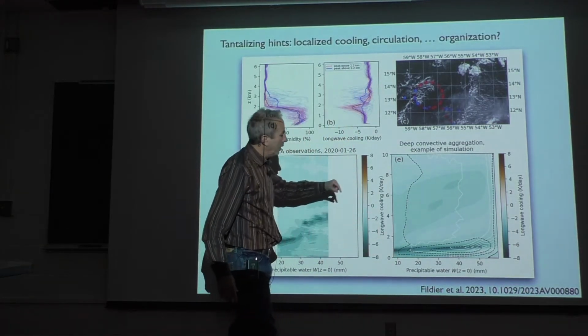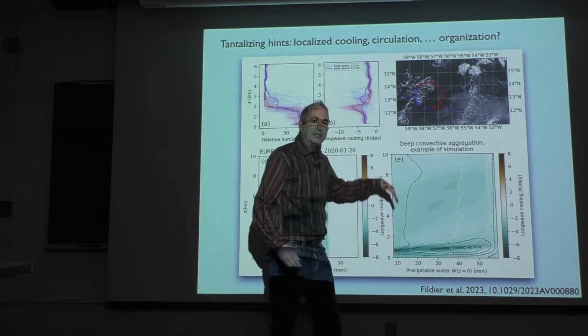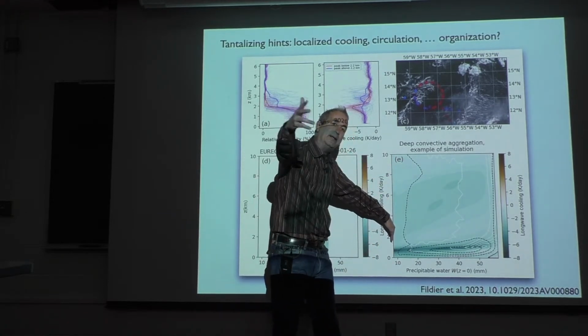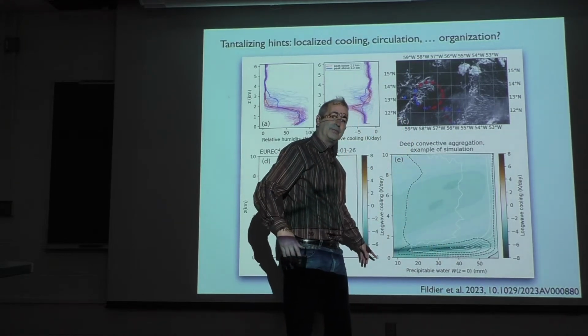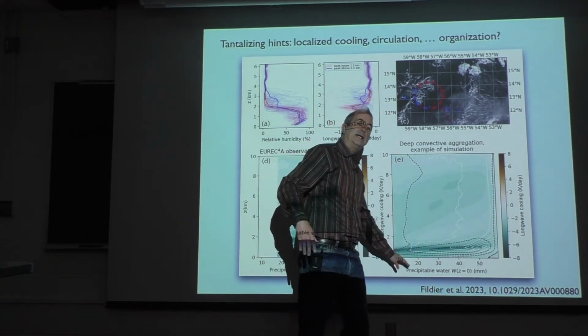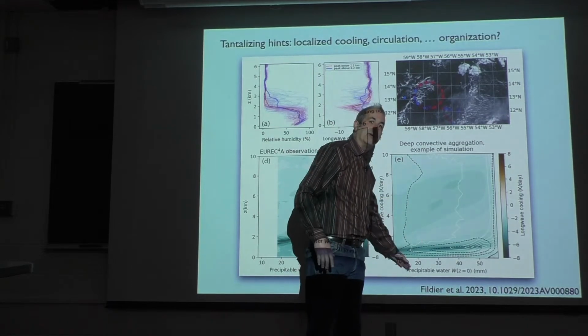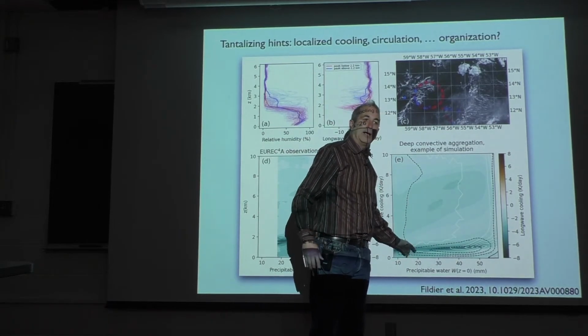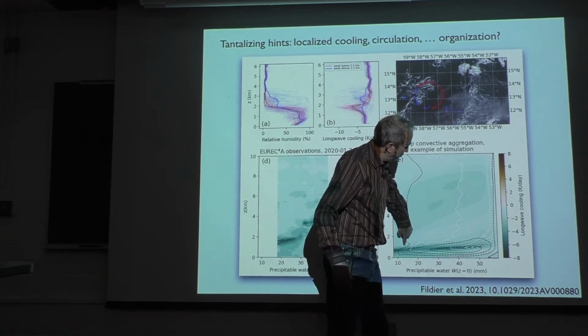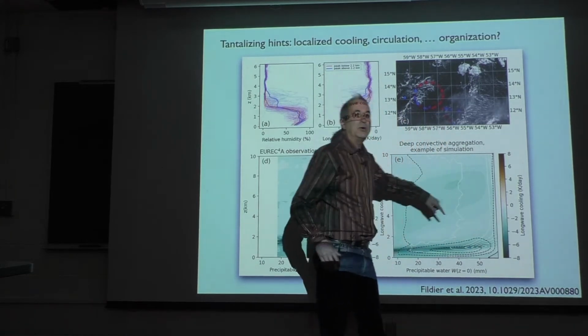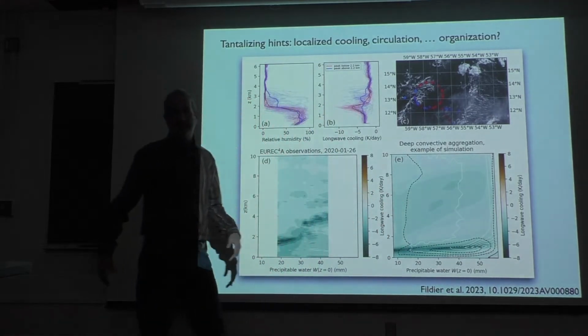Essentially all that you do is you sort their domain into columns of precipitable water. You compute the radiative cooling in each bin of precipitable water. And then you ask, for this profile of radiative cooling, what is the implied circulation?